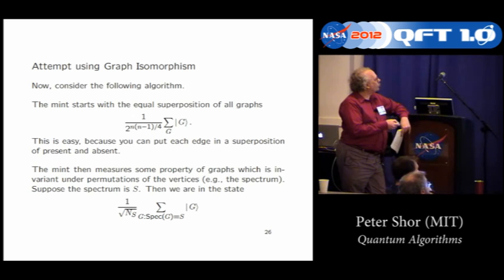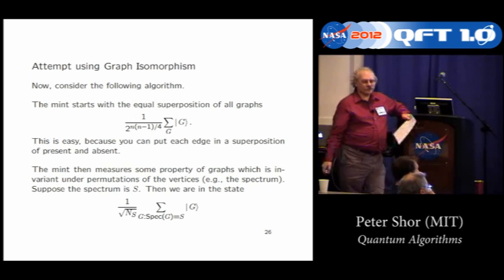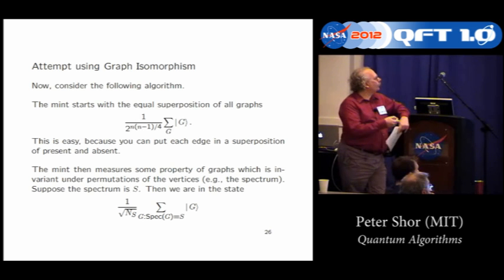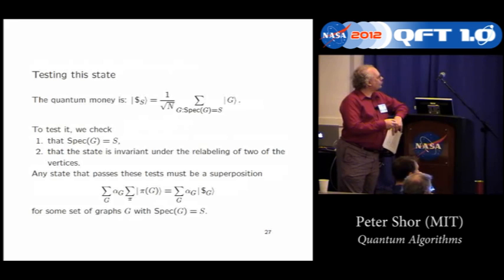And now we measure some property of graphs which is invariant under permutations of the vertices. One possible property you can measure is the spectrum. Now suppose the spectrum is S. Then we're in the state 1 over root n sub S, superposition over all G with the same spectrum of G.